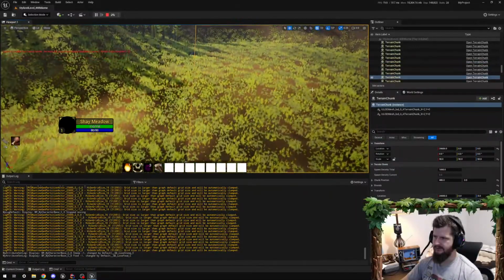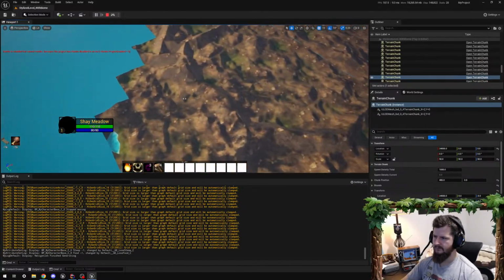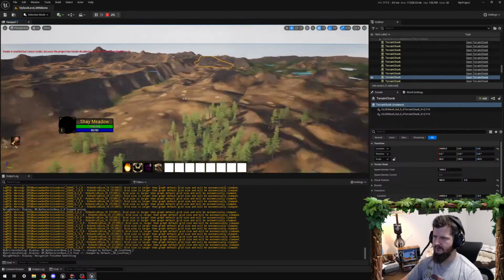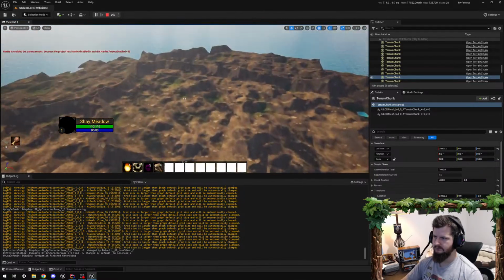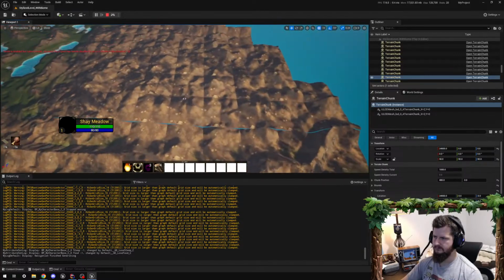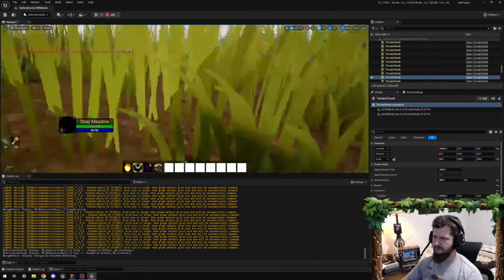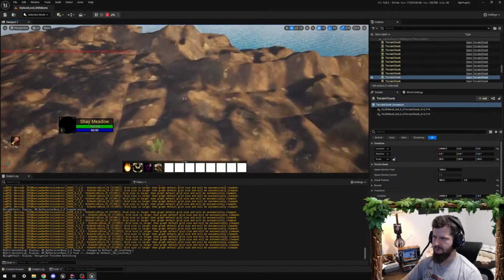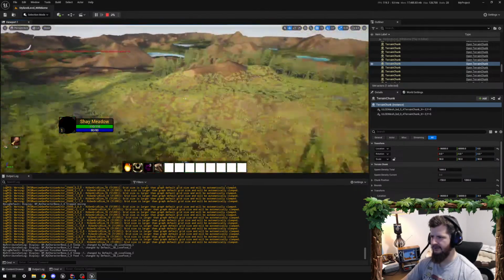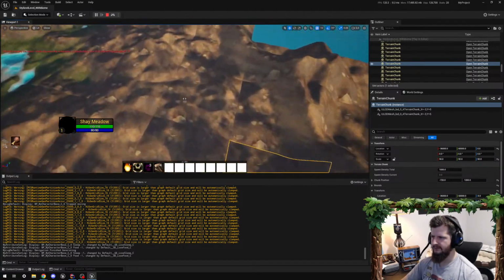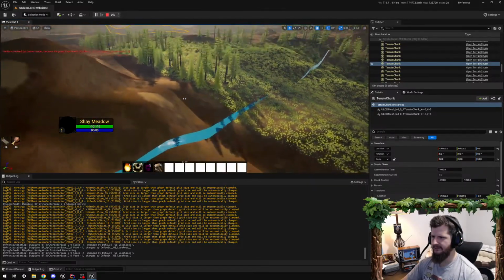Okay, so it's almost no chunks line up perfectly. Do they curve in, or is that just the lighting that makes it look like that?